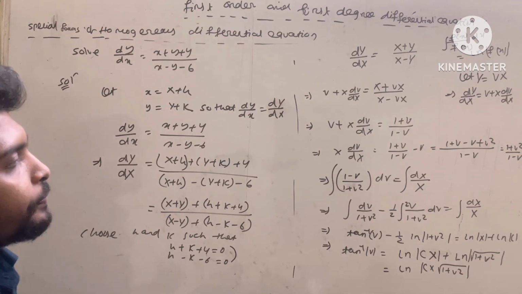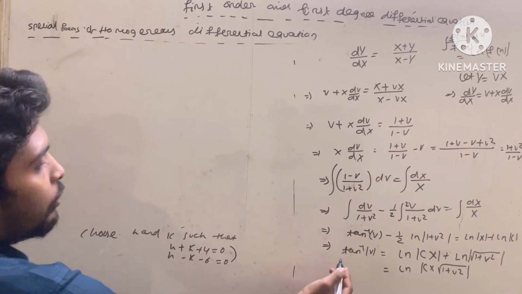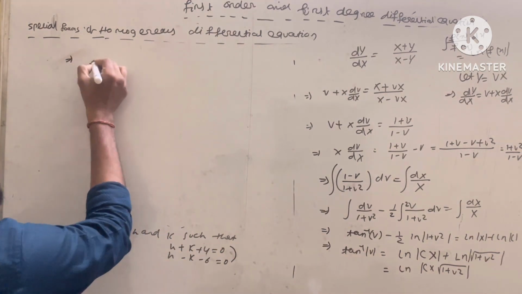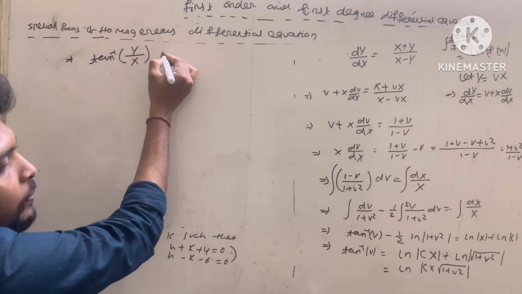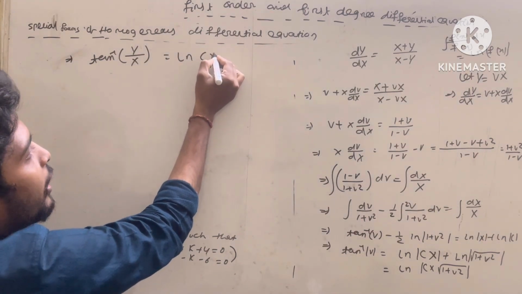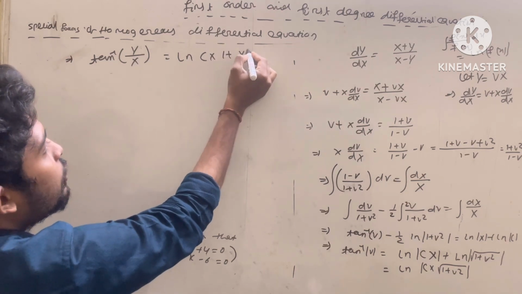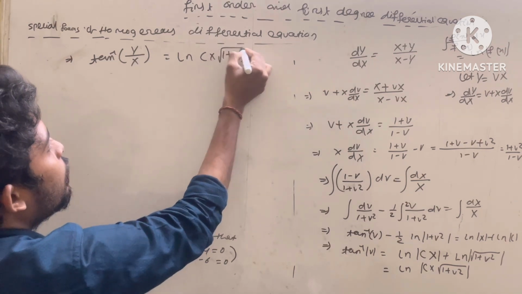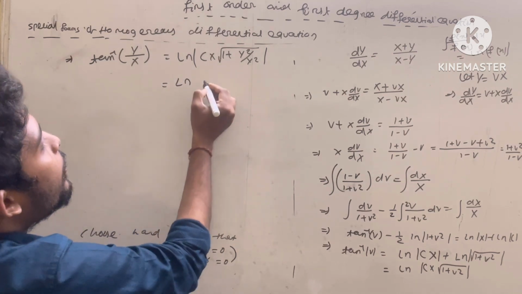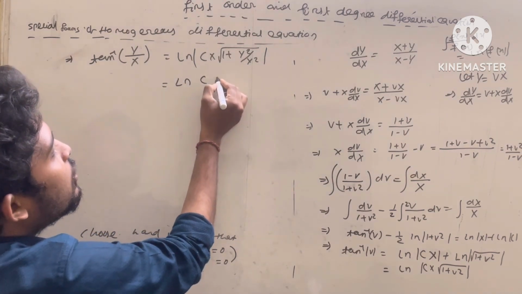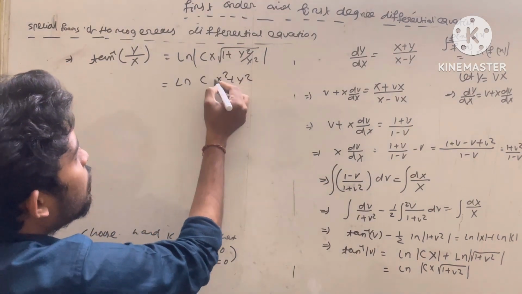So now we know that V is Y by X, so this is tan inverse of capital Y by X equals ln of CX times square root of (1 plus Y square by X square), okay. So this one, ln X cancels out, C times square root of (X square plus Y square), okay.